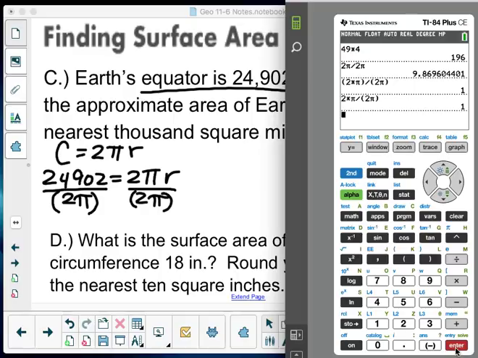Okay, and that totally works. But if I do anything else, I get some funky numbers because I have to make sure parentheses are around that value on the bottom.